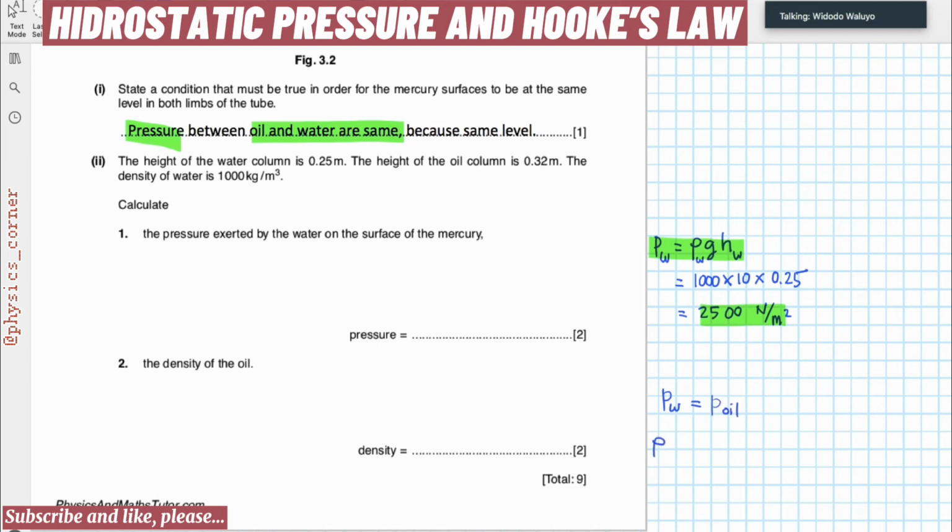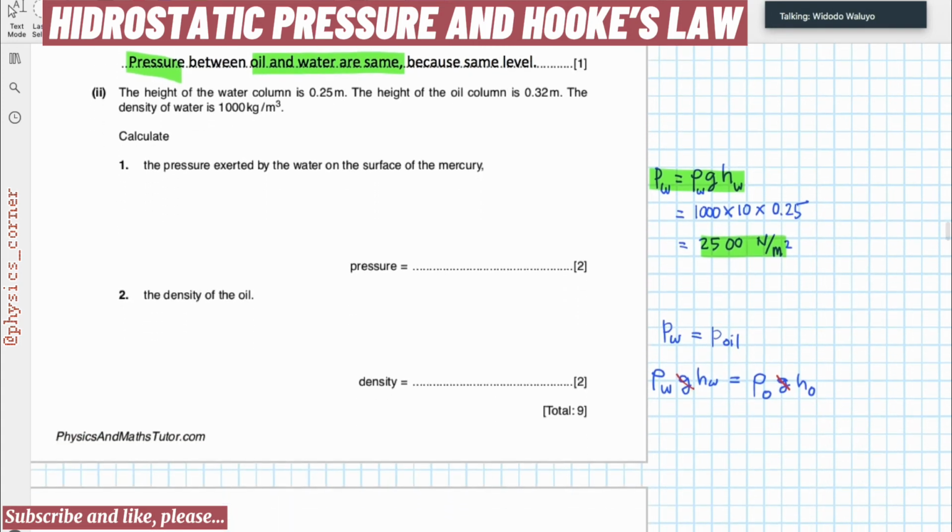When we put rho water, g and h water, same thing with rho oil, g and h of oil. Sometimes we use it like this, hydrostatic law: rho water times h water is the same as rho oil, density of oil, times h of oil.